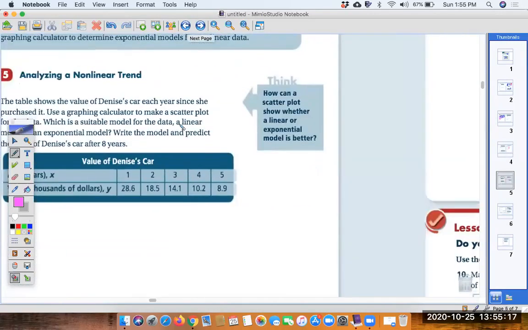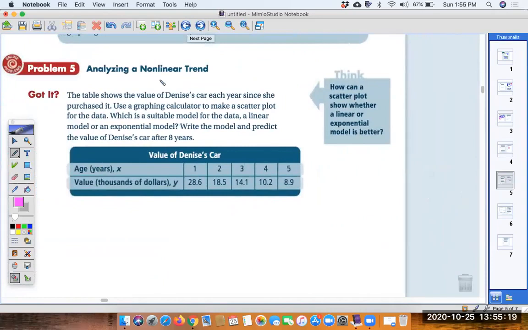Analyzing a nonlinear trend. Remember we had exponential functions earlier, and they're not linear. Remember the form was y equals a times b to the power of x. A is your beginning amount, b is your growth or decay factor.